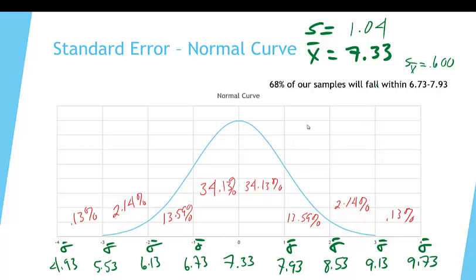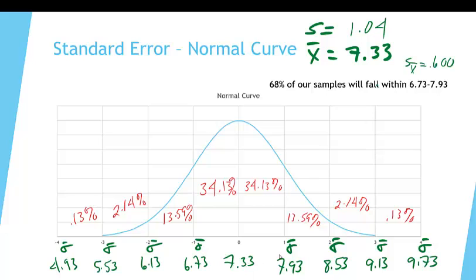So we're going to assume that on a standard curve now, if our standard deviation of the means, and keep in mind we call it that because this is the standard deviation of the means of all the samples, is 0.600 and our mean is 7.33, then we just subtract 0.600 to get one standard deviation below our mean, and then subtract 0.600 from that to get 2, and so forth.